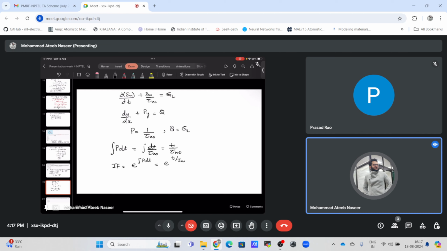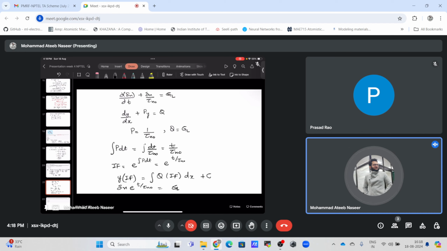So the solution for this kind of equation is y times the integrating factor equal to the integral of Q times the integrating factor dx plus the constant c. So y in our case is delta n, the integrating factor is exponential of t by tau n naught, Q is GL, and dx is simply dt.